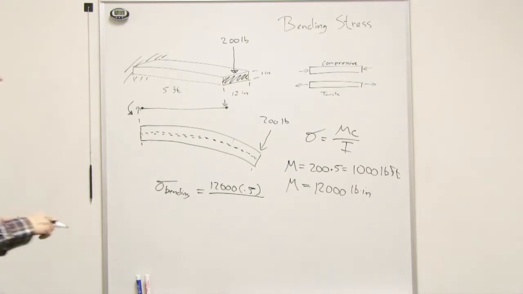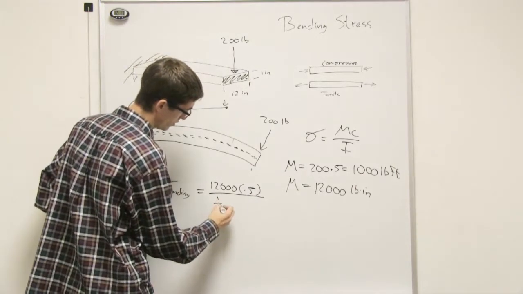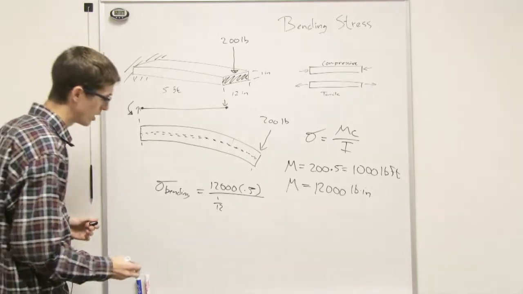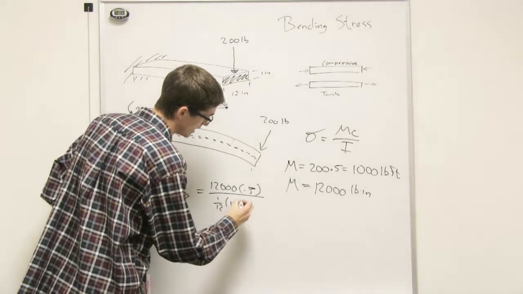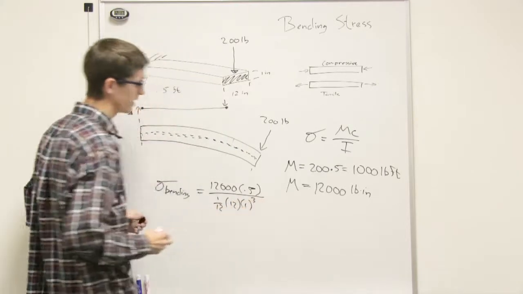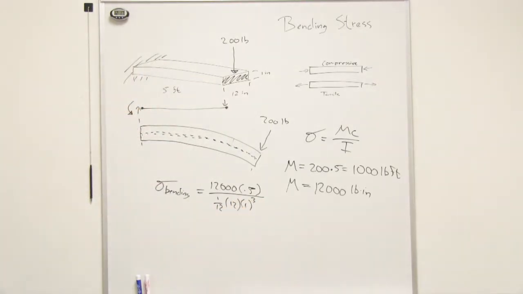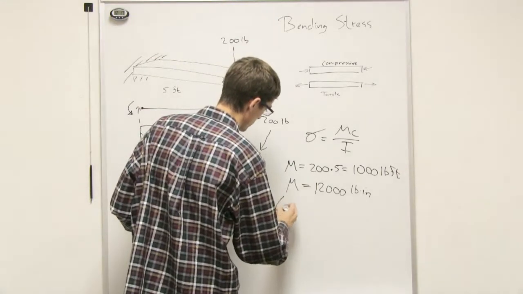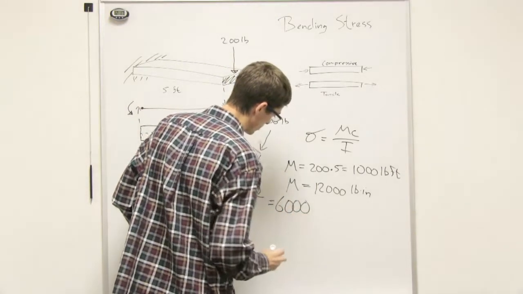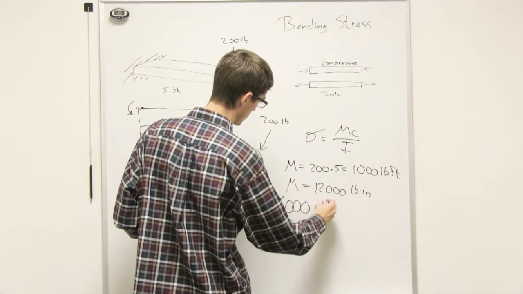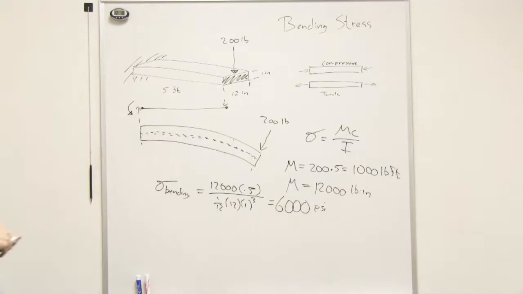We use the equation 1 over 12 base times height cubed. Our base in this case is 12 and our height is 1, which actually comes out really nice and convenient, easy to calculate. So when we plug that all into the calculator, we end up with 6,000 psi. And that's our tensile bending stress.